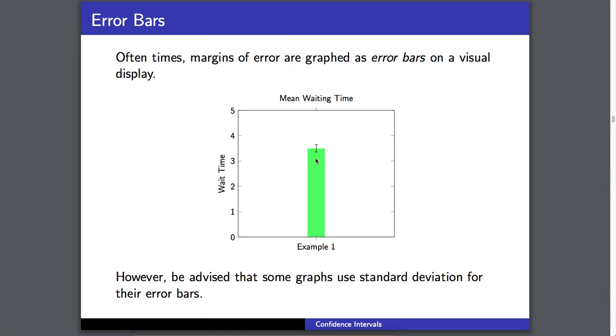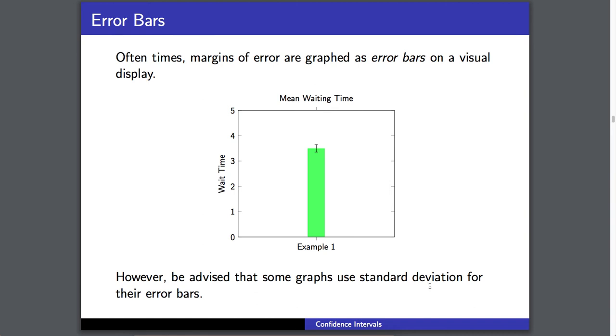So oftentimes you might see bar graphs with these error bars in here, and that's what they're used to represent, margin of error. Now, be advised, though, that some graphs use standard deviation for their error bars. So hopefully whoever designed the graph, if they're using error bars in it, there's some description somewhere that tells you that the error bars represent margin of error versus standard deviation.